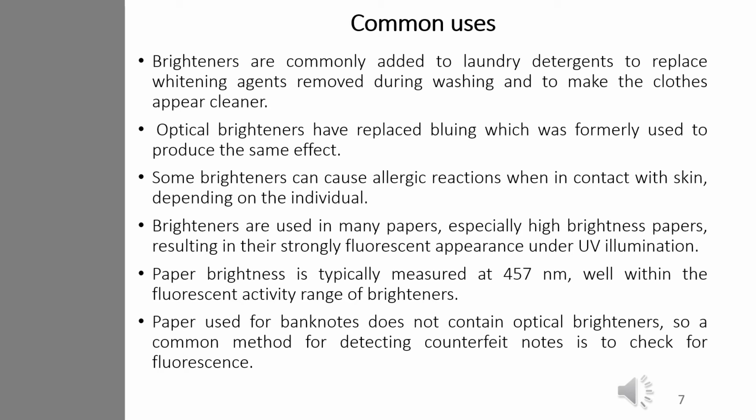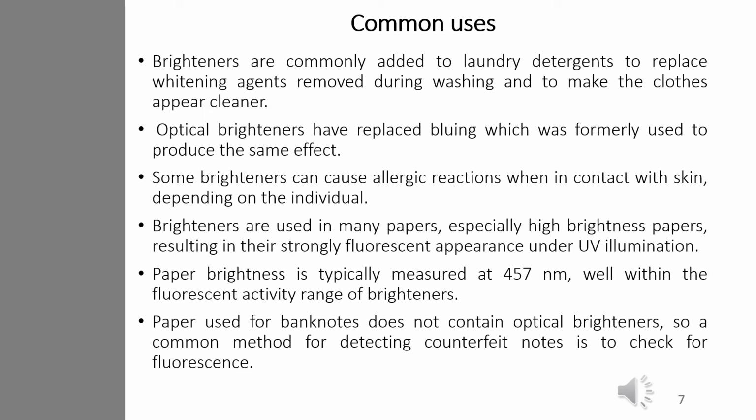So in the process of brightening, they result in a strong fluorescent appearance, and they will fluoresce under the UV illumination. So if you provide the UV radiation, the optical brightening agents will produce the fluorescence.